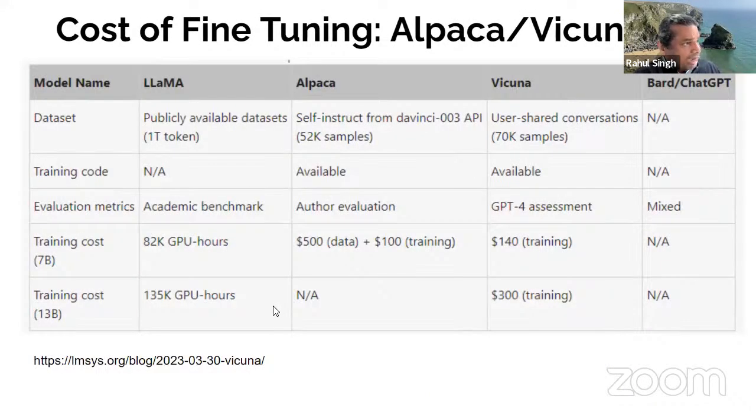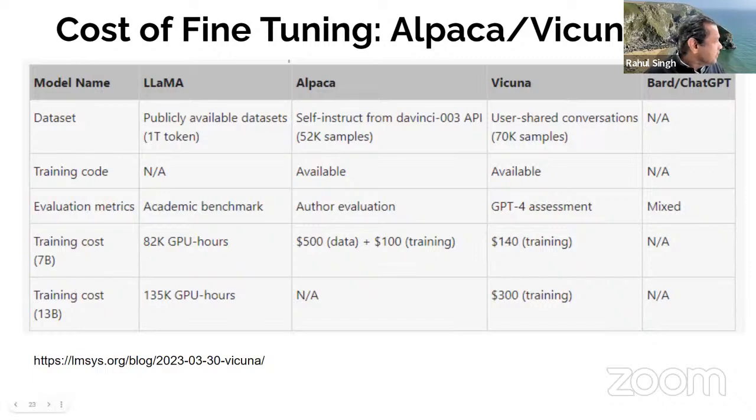The cost of fine-tuning Alpaca and Vicuna is what really caught my attention. So Llama, for example, cost, and I'll just do the math here, 82,000 GPU hours at $2.40 per hour.